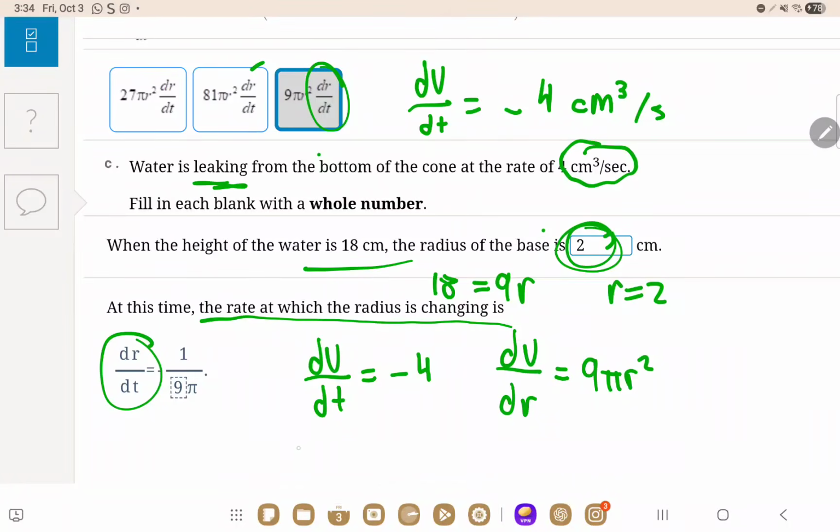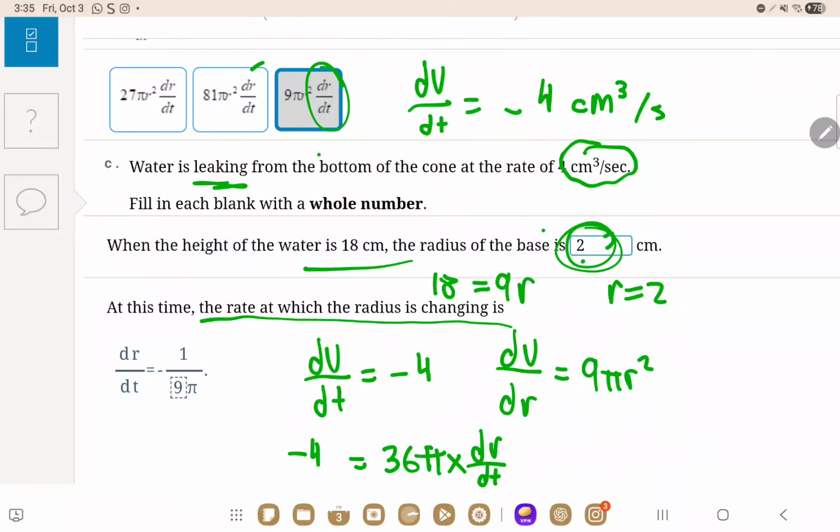So dv by dt equals dv by dr times dr by dt, right? dv by dt can be replaced by negative 4, dv by dr can be replaced by 9 pi r squared, and dr by dt is to be found. They gave us the radius to be 2, so we replace r by 2. So it's 2 squared, which is 4. 4 times 9 is 36 pi.